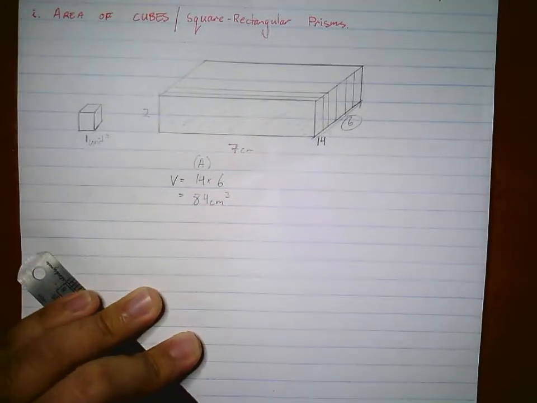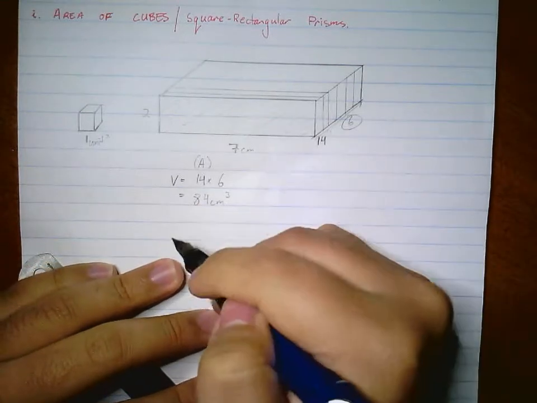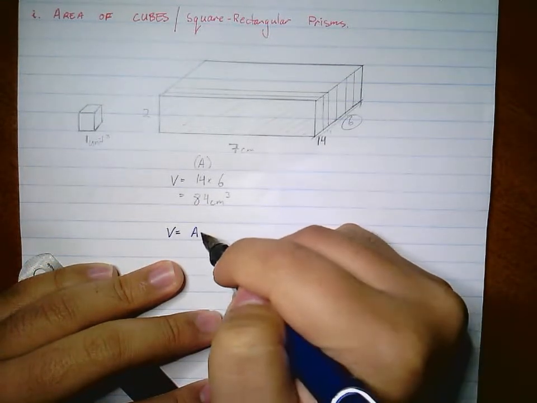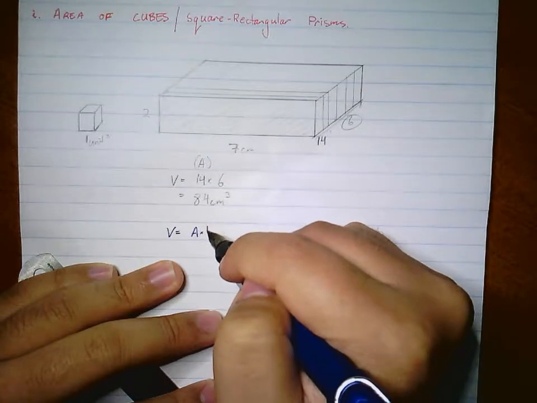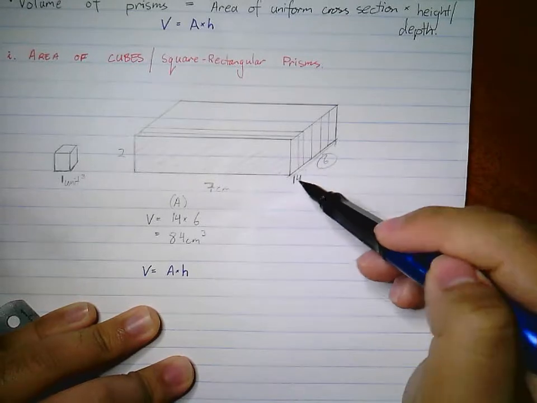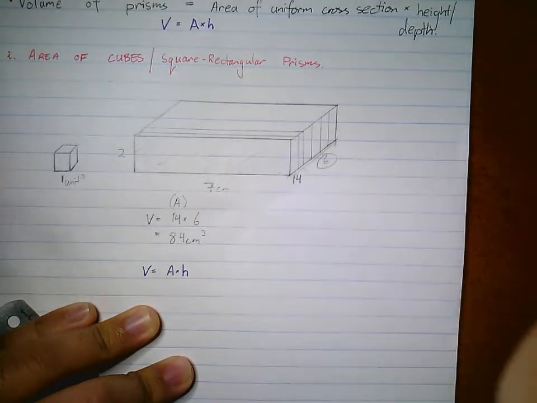Hence why the volume of prisms is the area times the height. Not to be mistaken, because the height this time refers to how deep it goes down that way.